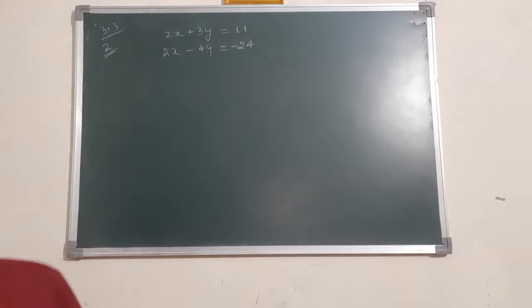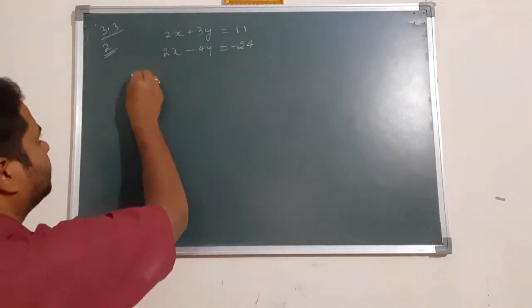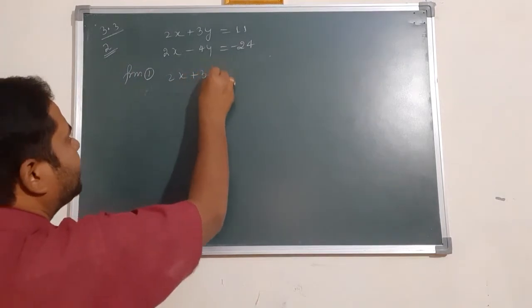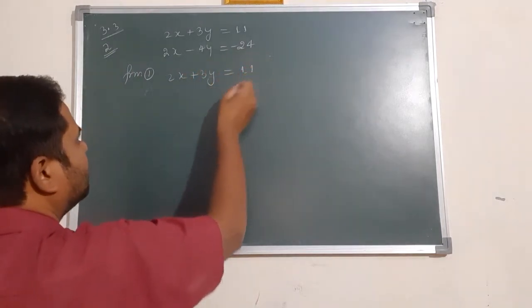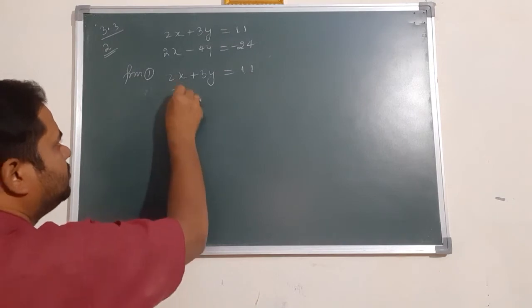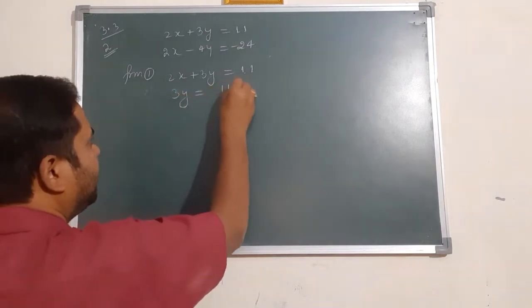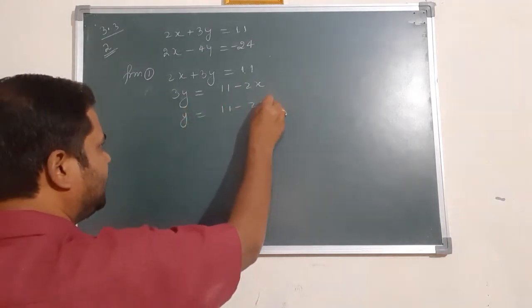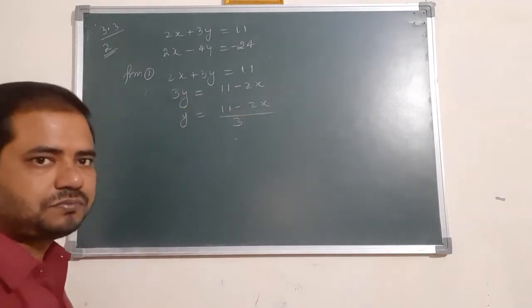From the first, 2x plus 3y is equal to 11, so 3y is equal to 11 minus 2x. y is equal to (11 minus 2x) by 3.